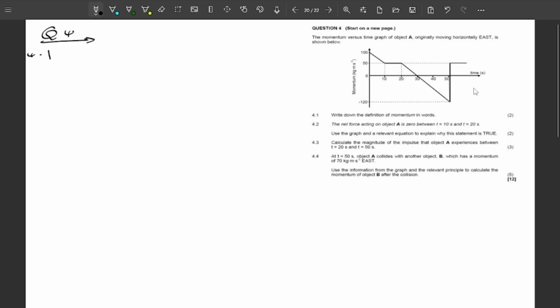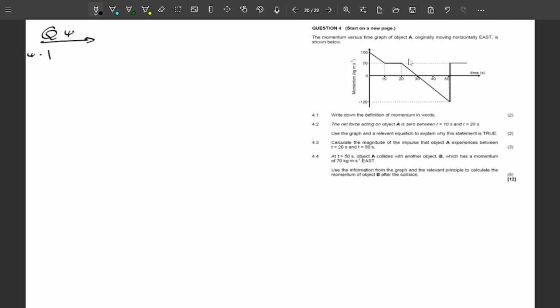right? So 4.1. The statement above says the momentum versus time graph of object A, originally moving horizontally east, is shown below. East in this direction, I mean, but it's not important for now. The first question states: write down the definition of momentum in words.